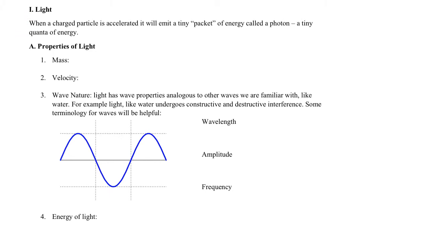Well, our current understanding of light is very sophisticated, but what we know is that essentially, if you have a charged particle like an electron or a proton or any other charged particle, and you accelerate it or oscillate it through an electromagnetic field, which is a combination of an electric and a magnetic field, it will emit, when it oscillates through this field, a little bit of energy.